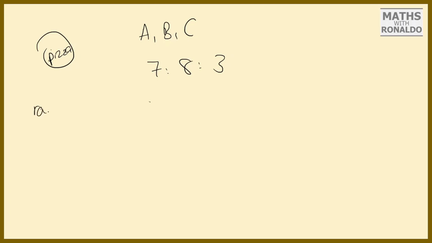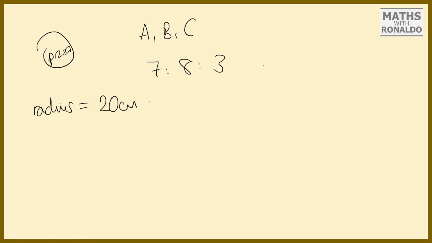Now, if we said that we have a pizza, and we had three friends A, B and C sharing the pizza in a ratio of 7 to 8 to 3, and the pizza has a radius of 20 centimeters, not too big, I know, and we wanted to work out the area eaten by each of these three friends.